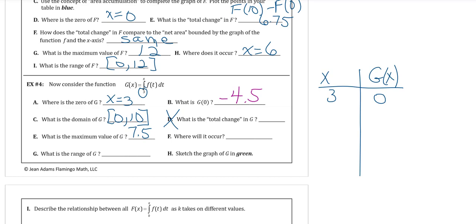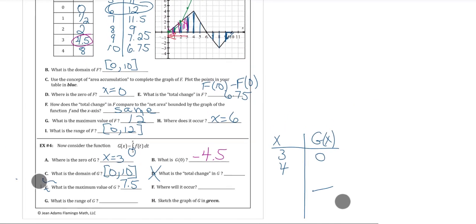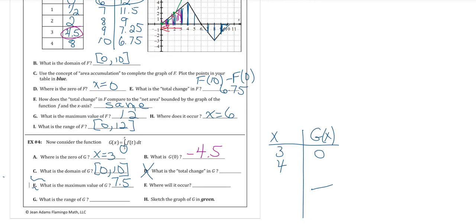So when I go to 4, and let me just make this a little smaller so we can see the graph. Okay, that'll work. What I'm going to do is look at that one little trapezoid right there, which is right here from 3 to 4. The area of that trapezoid is 3.5.